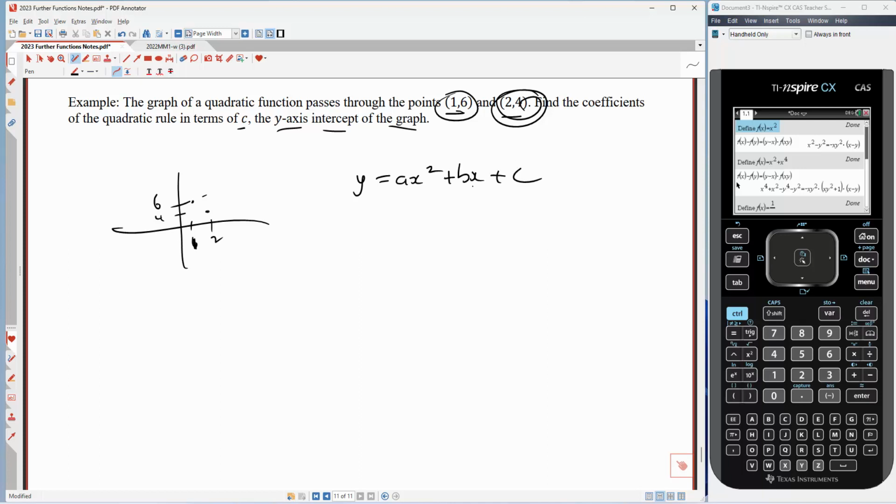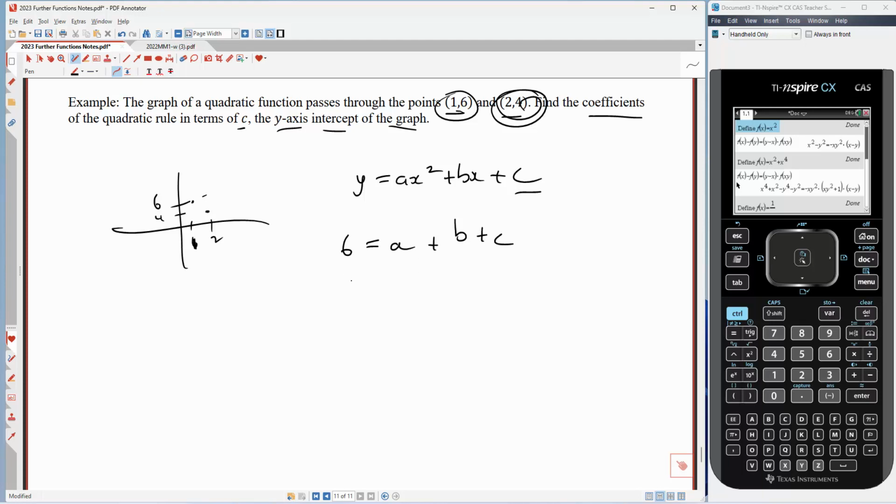Because we've only got two coordinates here, what they're letting us do is write the a coefficient and the b coefficient in terms of this value c. So that means we can solve this even though we don't know the value of the y-intercept. So let's bang in (1, 6): 6 equals a plus b plus c.